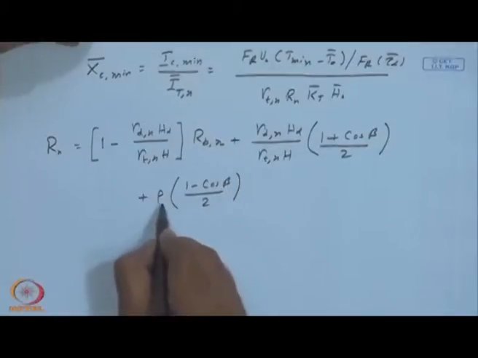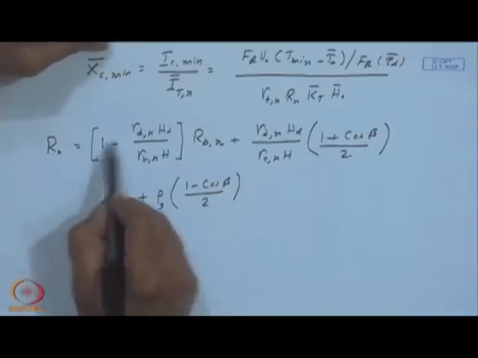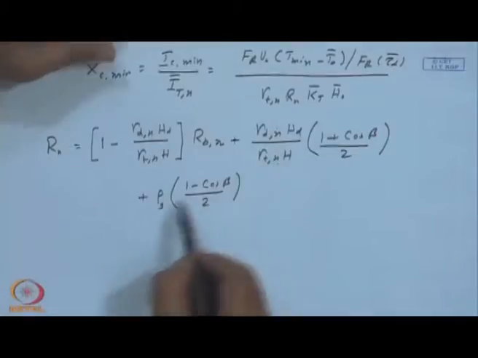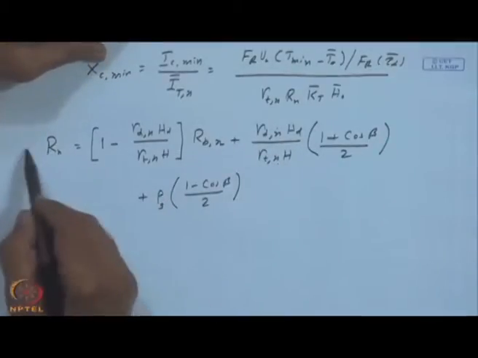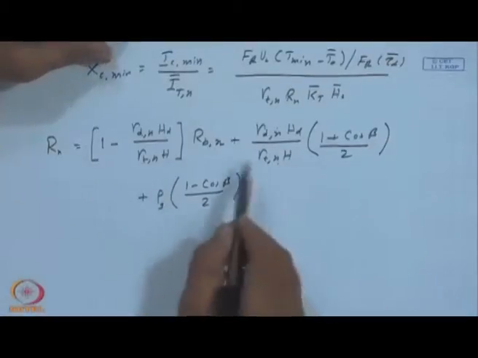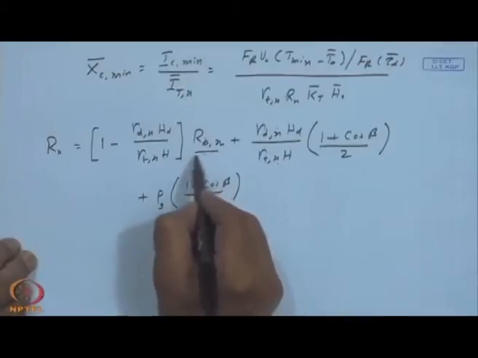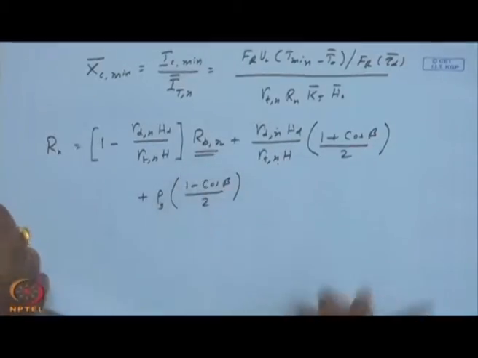This you may call rho g. So, once again this is nothing but 1 minus Id by I; this Id by I is absorbed in Rn because we equate Rn into In to this much and divide throughout. This is the noontime tilt factor for the direct radiation, Rb at noon.